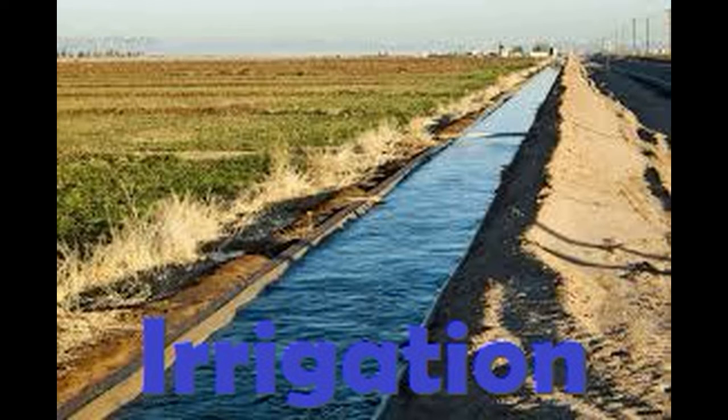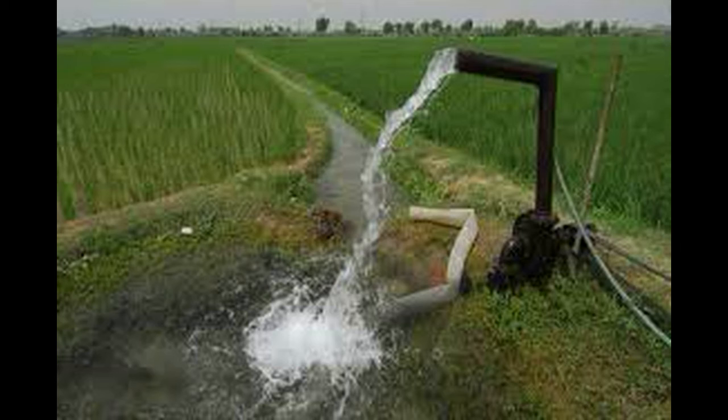Right. The water is absorbed by the plant roots. Through the roots, water will be absorbed by the plants. Along with water, what all other things will the plants absorb? The soil already has some minerals, so that also will be absorbed. In addition to that, we are providing some minerals and fertilizers, right?